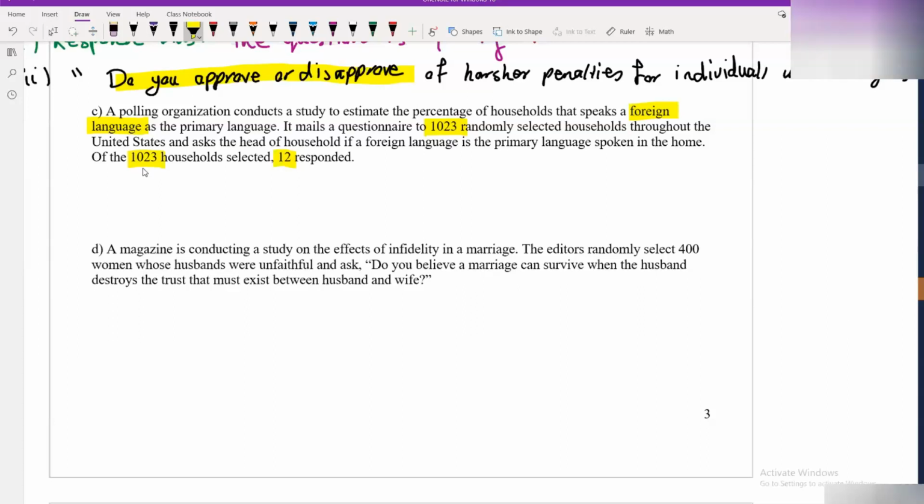So this one is non-response. And we said they may not be able to answer the questions because of having a different language.